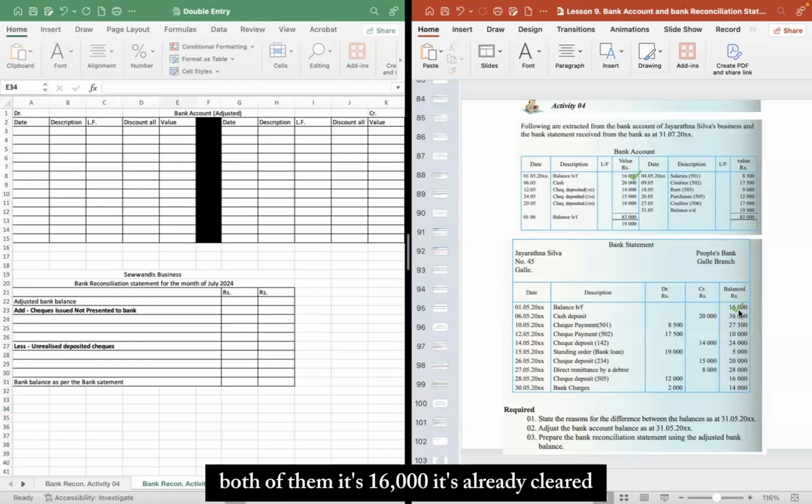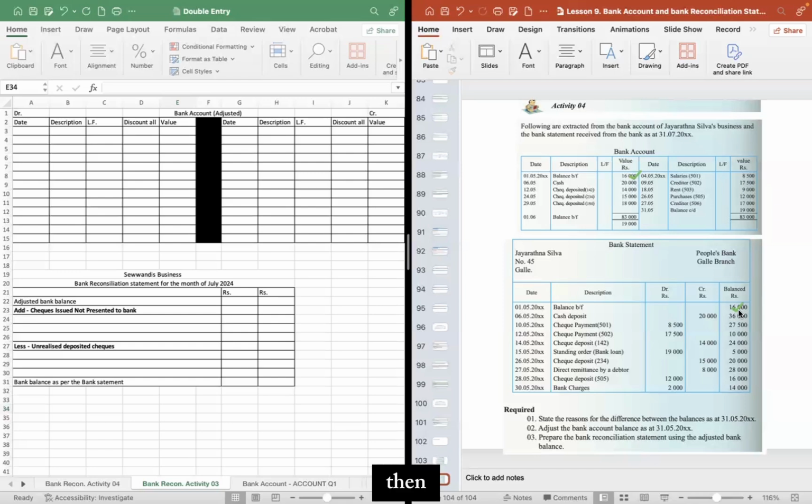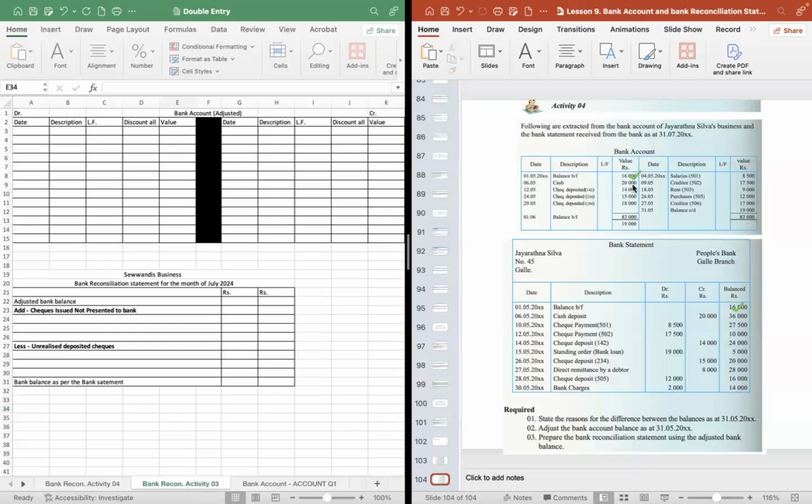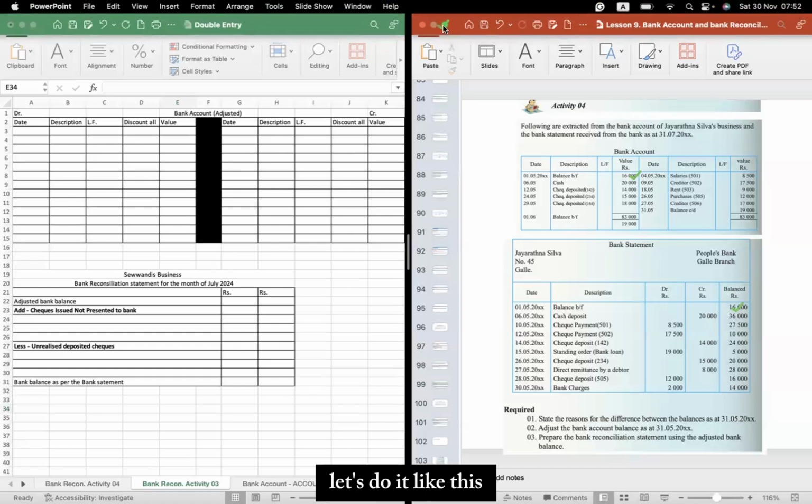Both of them are 16,000. It's already clear.